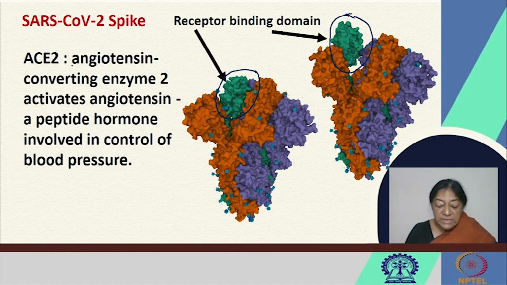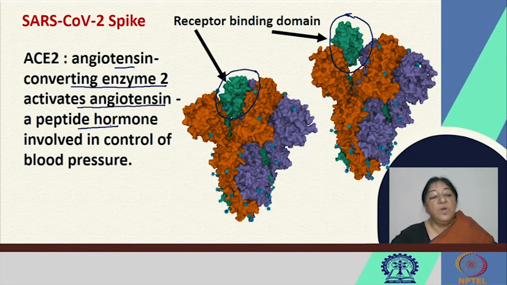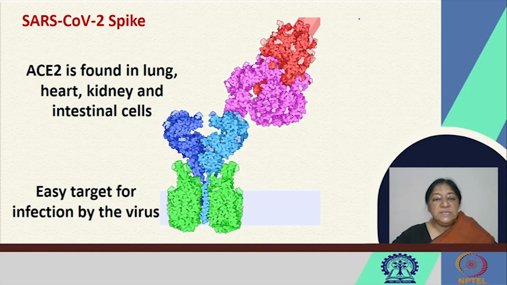So the ACE2, the angiotensin converting enzyme 2, activates angiotensin, as we know, a peptide hormone that is involved in the control of blood pressure. So the receptor binding domain present here is extended in a manner to facilitate the binding. ACE2 is found in lung, heart, kidney, and intestinal cells, as a result of which it becomes an easy target for infection by the virus.